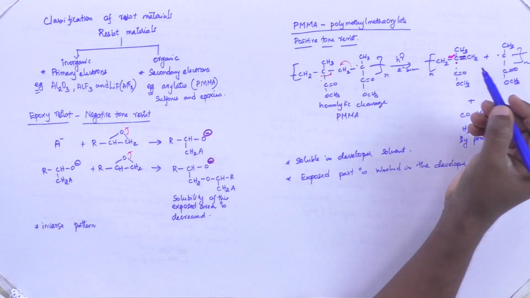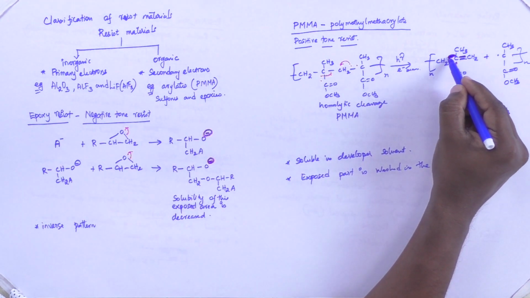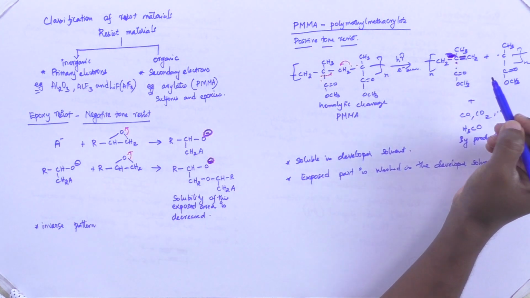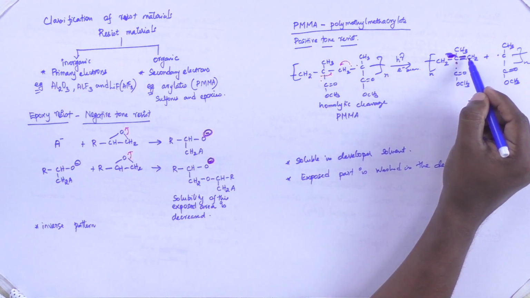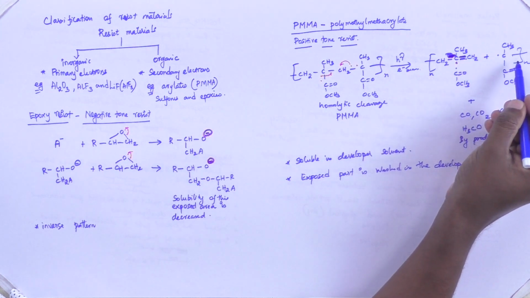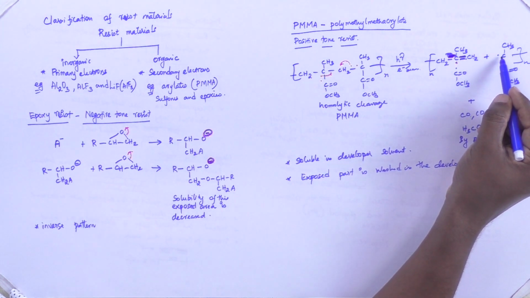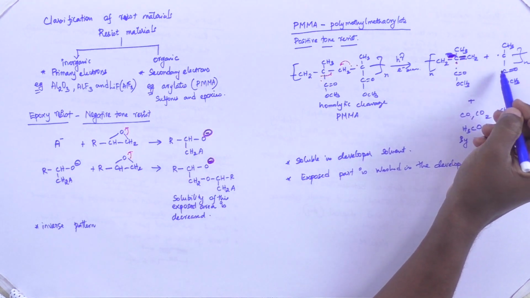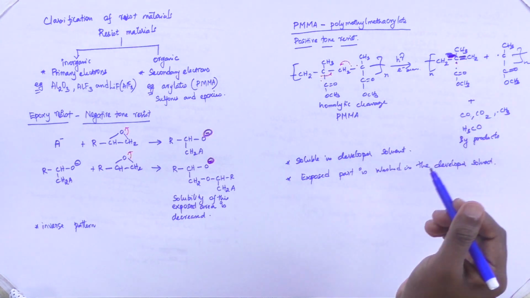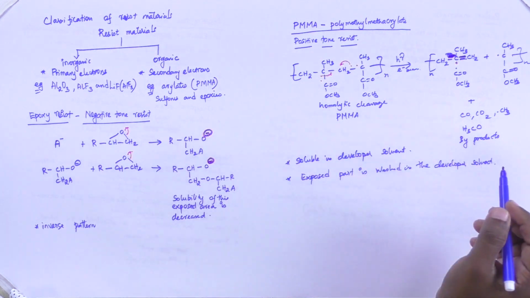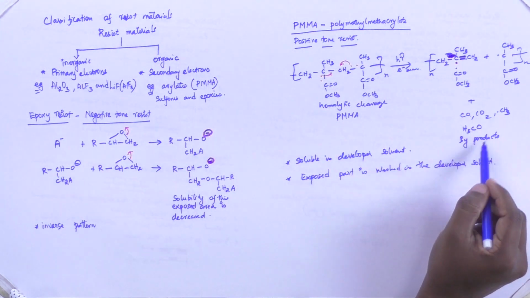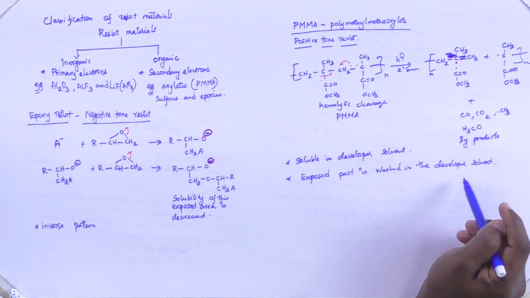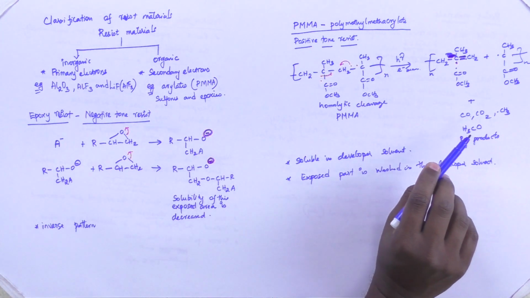So here you have the double bond, and this electron is involved in this double bond. Then what is left out is another group which is a radical, which is again a reactive group which will affect further polymer. The byproducts produced here are usually soluble in the solvent, and are washed away along with the developer solvent.